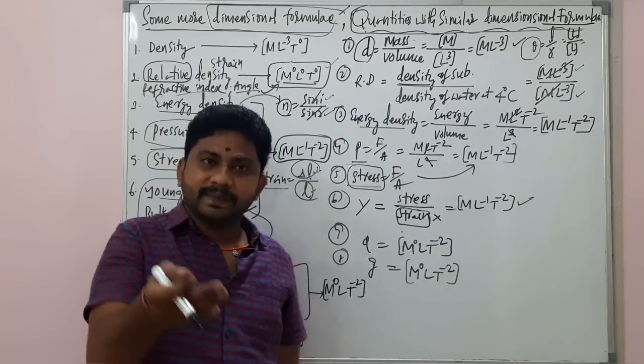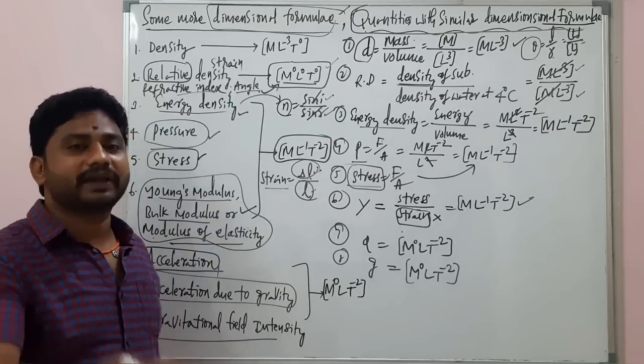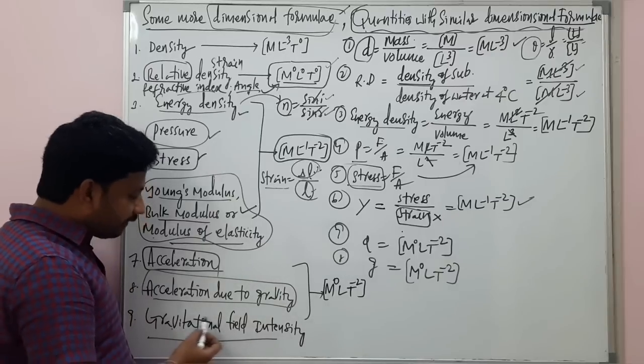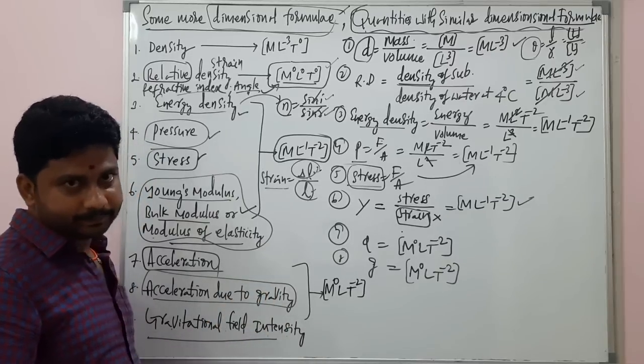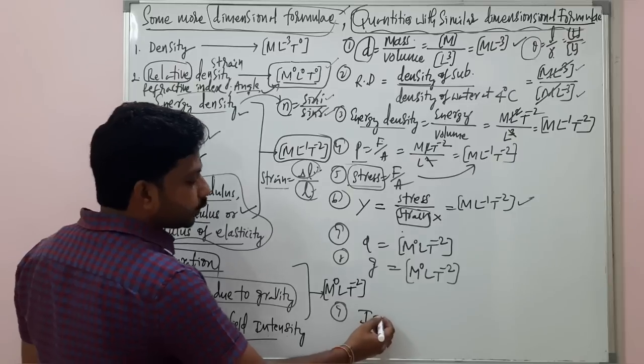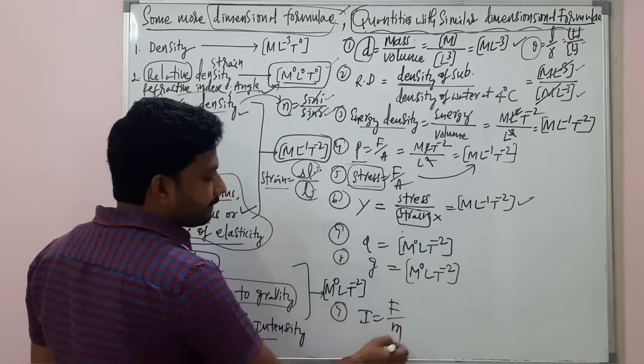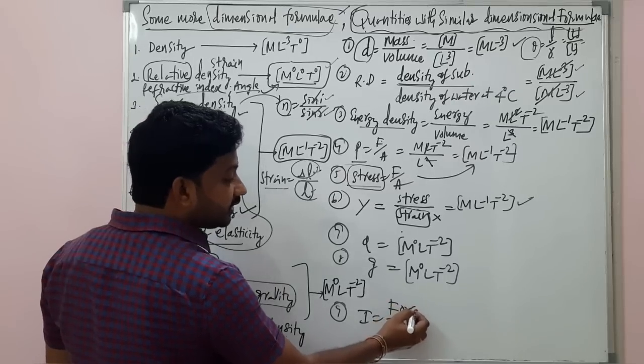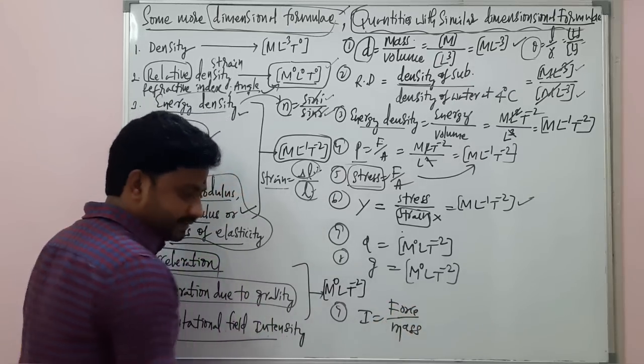When you go deeper, this kind of physical quantity will come across. What is that? Gravitational field intensity. It is denoted with the symbol I is equal to F by m. This is gravitational force per mass.